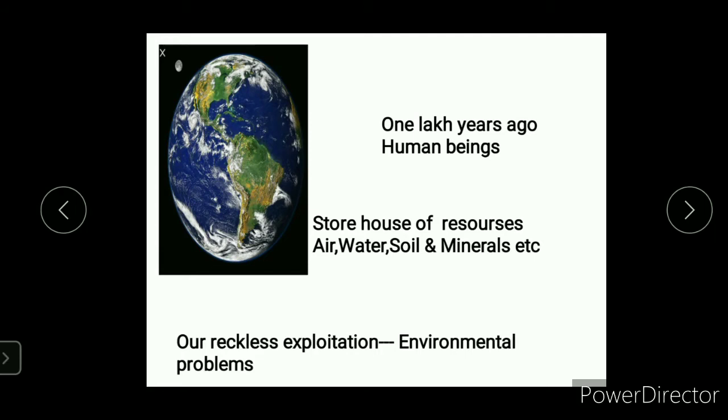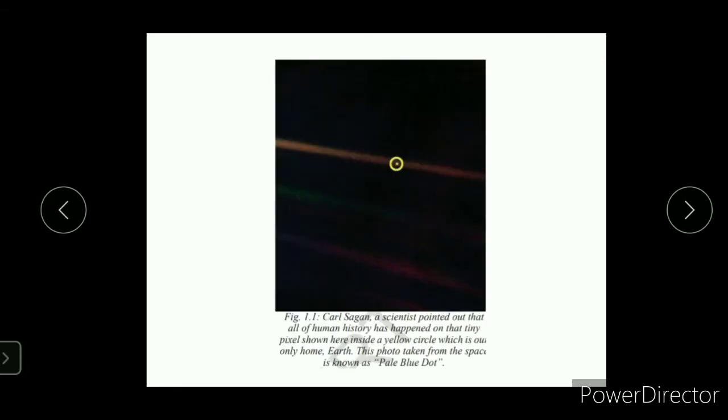Now moving to another topic. Before that, I want to conclude a few points of this first topic here. First, we have seen that earth is a small tiny pixel in the universe, and it is a photograph taken by Carl Sagan, who is a scientist.